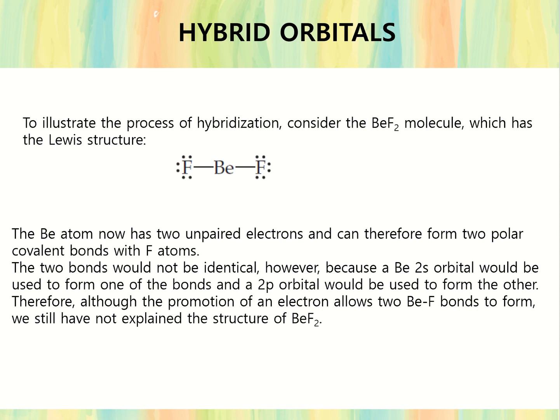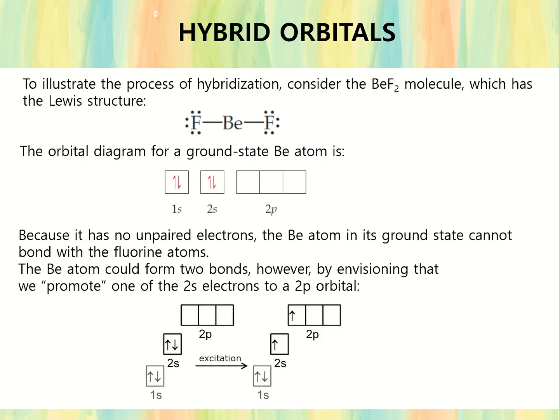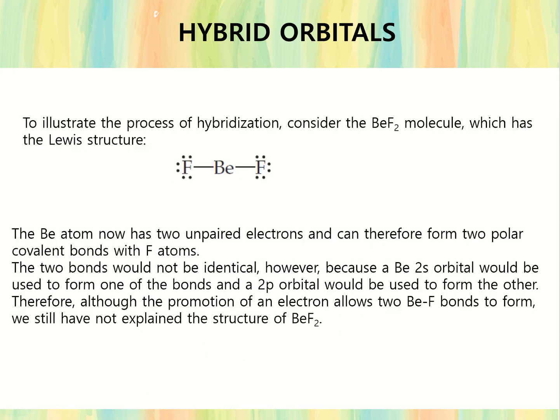The problem, though, is that those 2 bonds would not be identical. If you have the bond between that 2s electron and the other bond between that 2p electron, both of the bonds would not be identical.